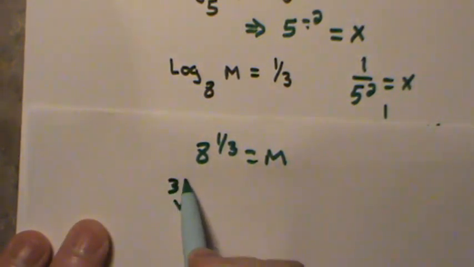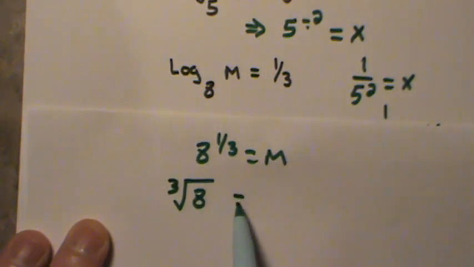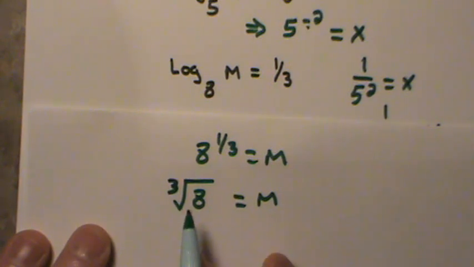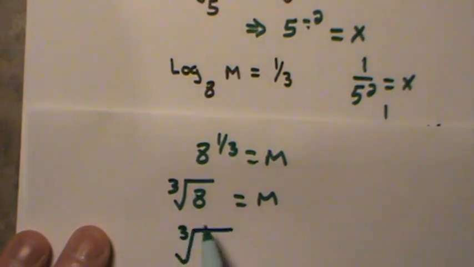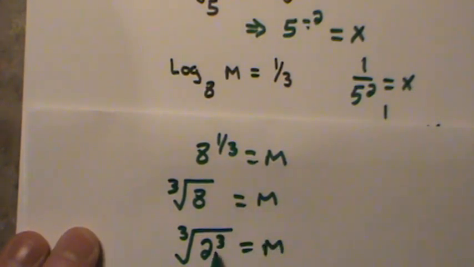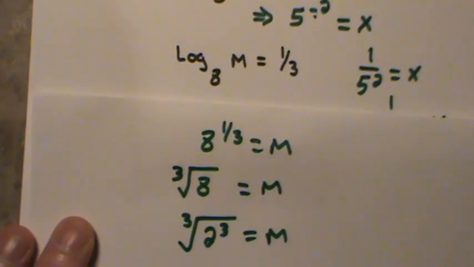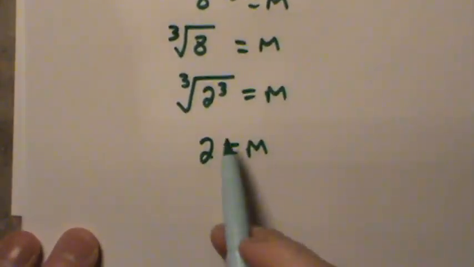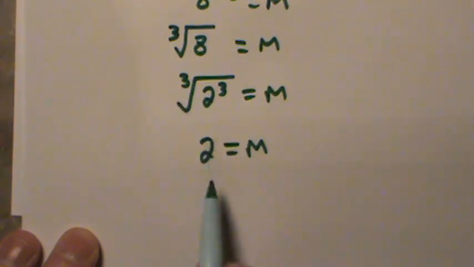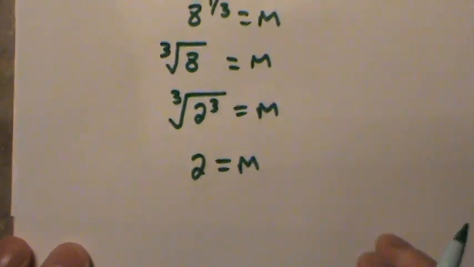It's saying the cubed root of 8 equals m. And a cubed root means what times itself, so you have 3 factors of it, gives you 8. And if you're good with your numbers, you would recognize that 8 is 2 times 2 times 2. Which means this has the exponent to get out from underneath the radical, and so you'd say 2 is equal to m. I was able to bring that 2 right out from underneath the radical and get 2 equals m.